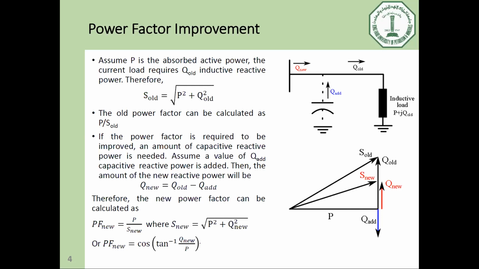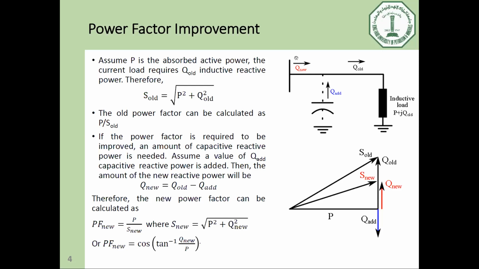Yes, yes. This is for the old case. We need to improve the power factor in order to reduce the absorbed current from the supply. How can we improve? Just adding a capacitor here, which will give part of the reactive power to reduce the amount of reactive power taken from the supply.